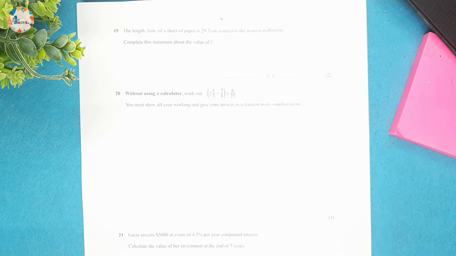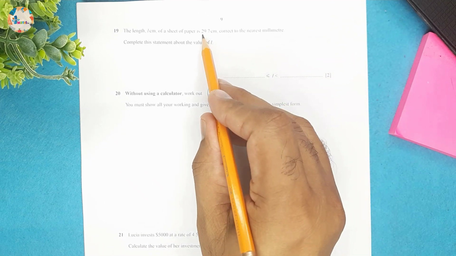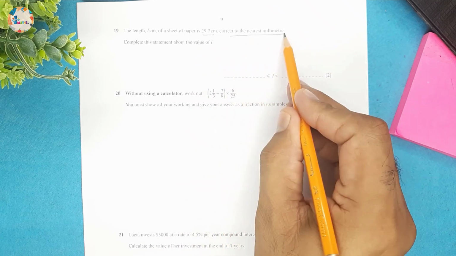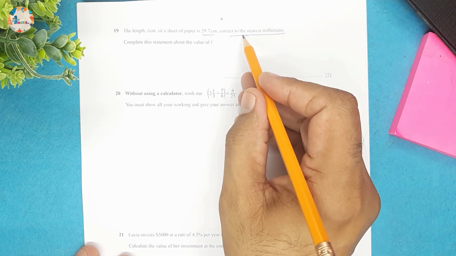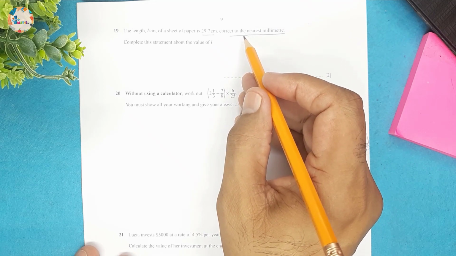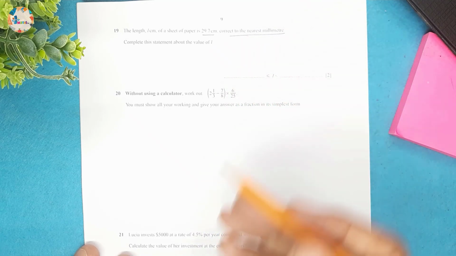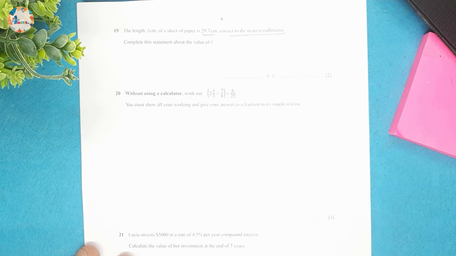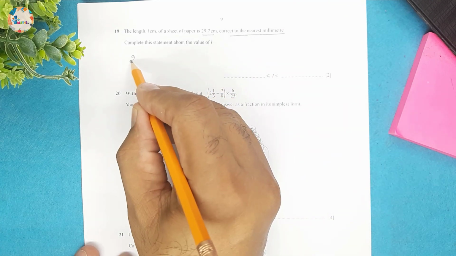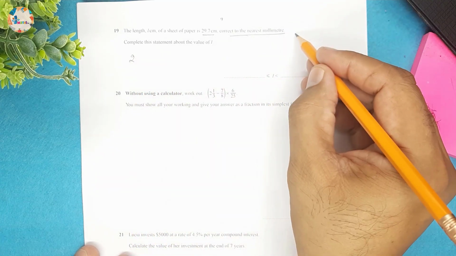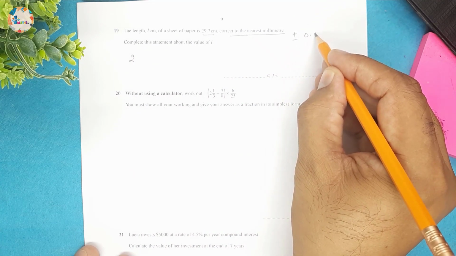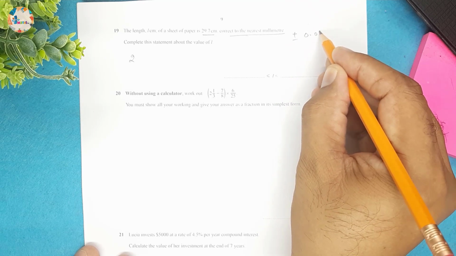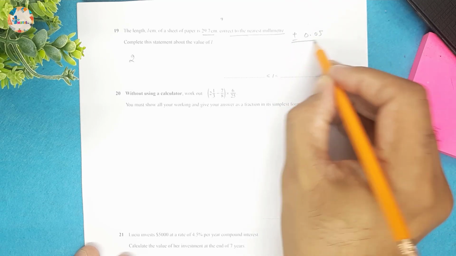Question number 19. The length L of a sheet of paper is this much, correct to the nearest millimeter. Complete this statement about the value of L. So we'll have to plus and minus 0.05. We will be adding and subtracting this.